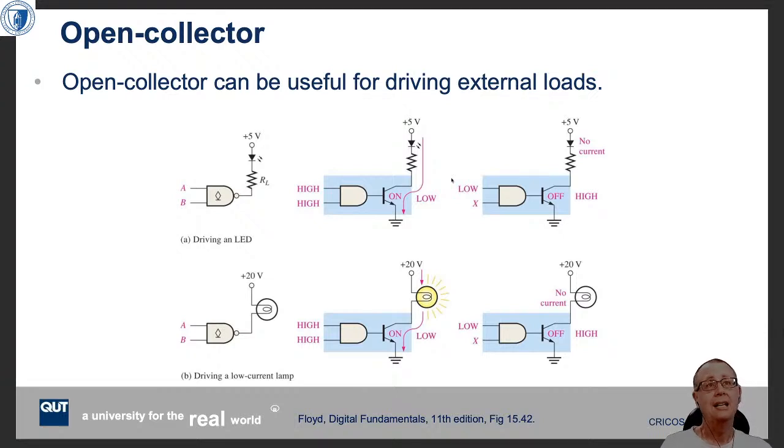Right? And a way to think about it, that's the other piece I should have said, is you don't have to have the output of an open collector device connected to the standard logic plus 5 volts or plus 3.3 volts. You can connect that output to any voltage.